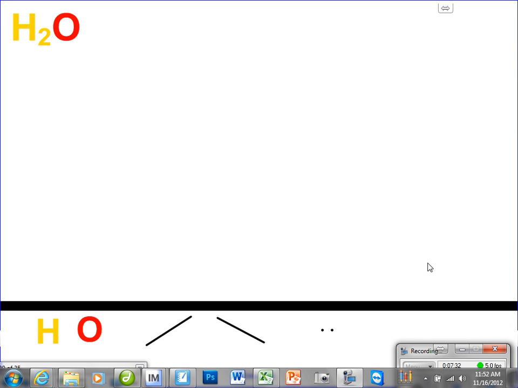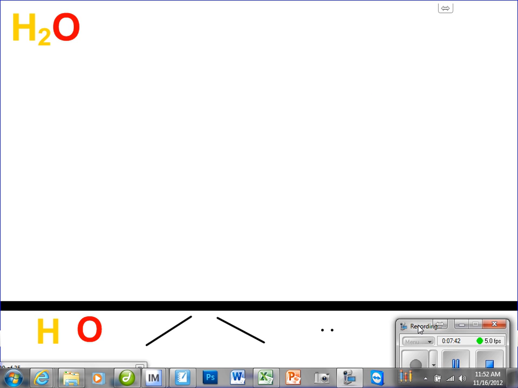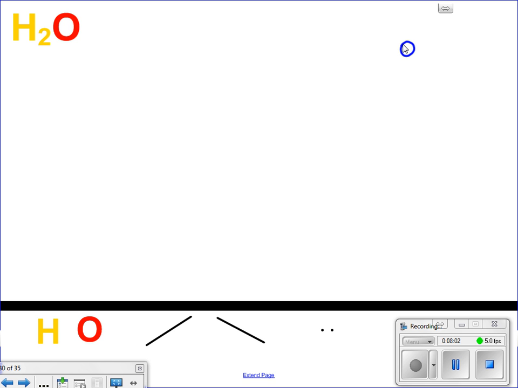Since bonding is all about the electrons, what we need to do first here is look at how the molecule is put together and what the total number of valence electrons are. So I'm going to start with figuring the total number of valence electrons. In this molecule, we're going to build water there in the top left corner of the screen. We are going to have 1 oxygen and 2 hydrogens.